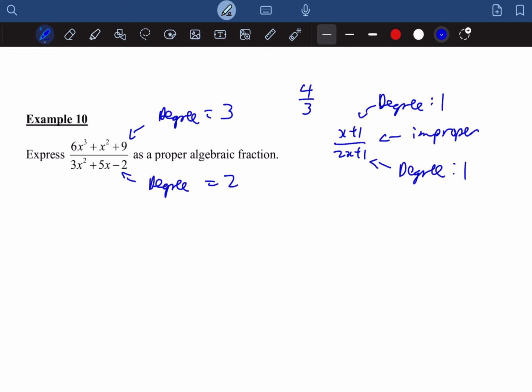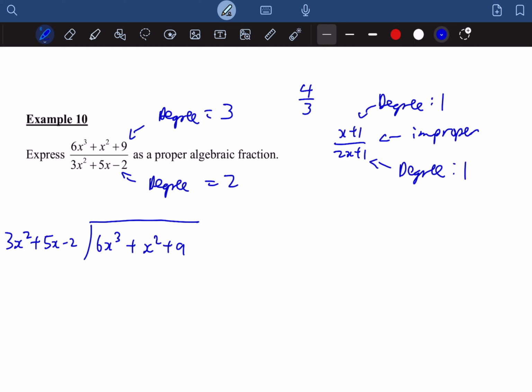So for this, how to make it into proper, we have to use long division. So I have my 6x cubed plus x squared plus 9. Long division. Divisor is 3x squared plus 5x minus 2. Take note, for students who read broadly, there's a long division method called synthetic division, which we usually don't teach in school.